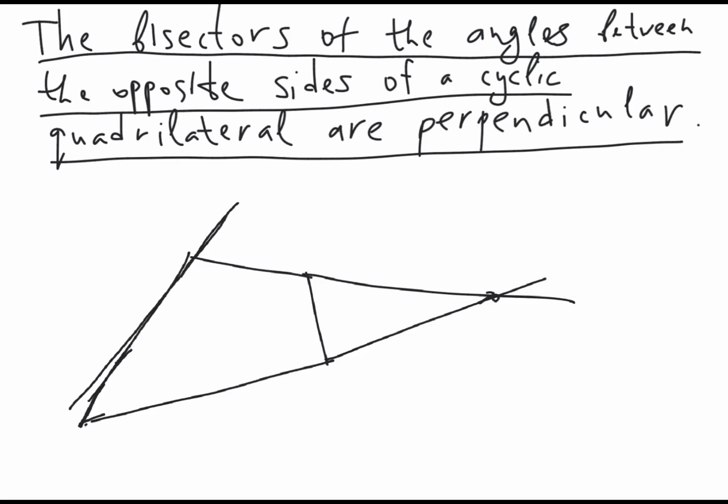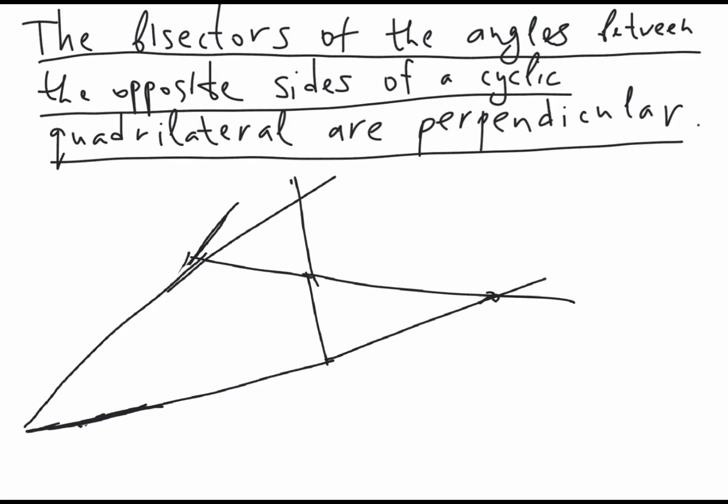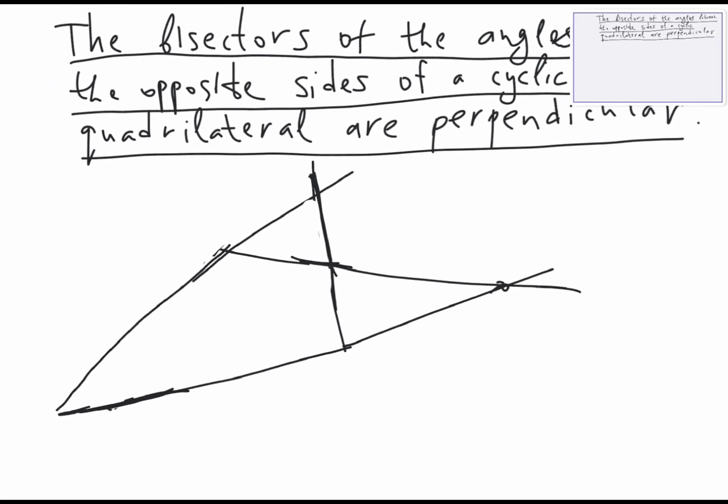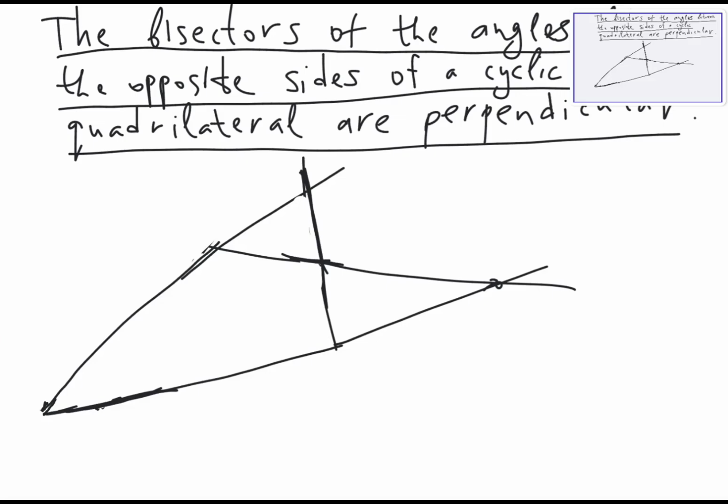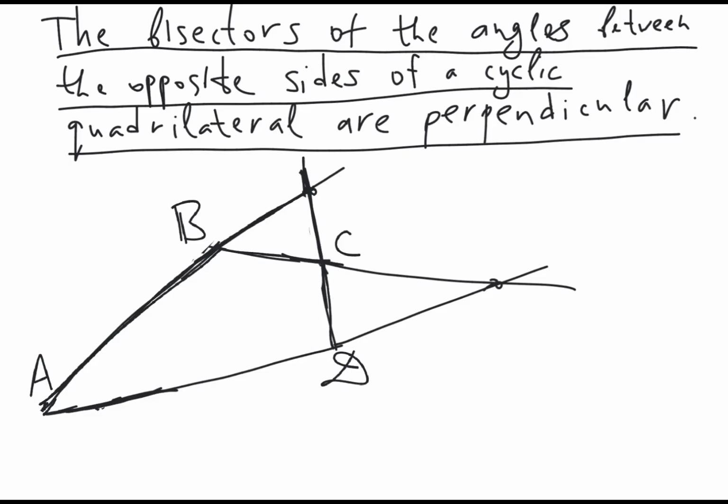Let me draw it a little further. So this is the original quadrilateral, A, B, C, D. We extend the opposite sides until their intersections, and now we consider the bisectors of these angles.